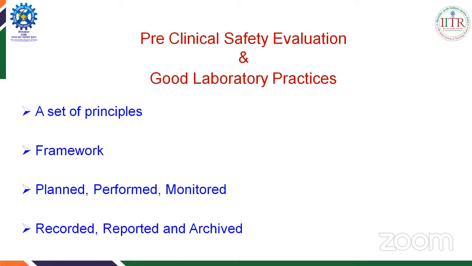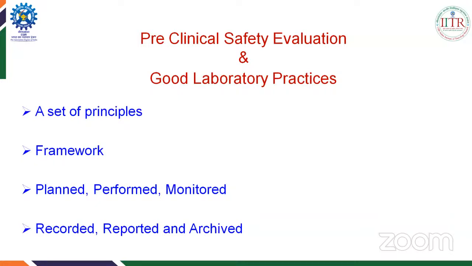So you first plan a study, you write a study plan, you write a step-by-step procedure, then you actually perform the study based on your study plan, based on what you have mentioned, based on your materials, methods, etc. And then when the study is being performed, it is also being monitored. This is where the quality assurance component of a GLP facility comes into play.